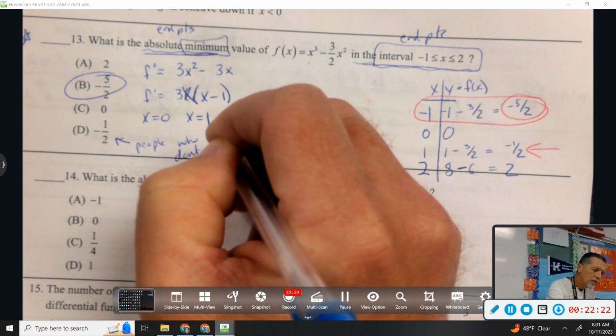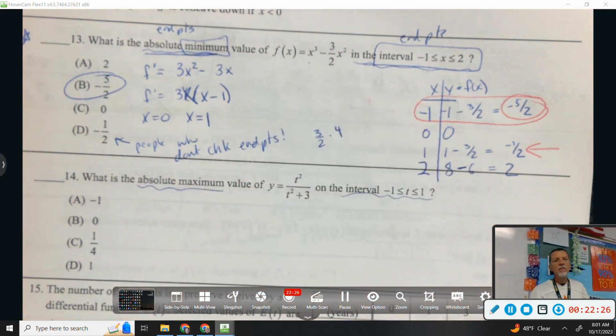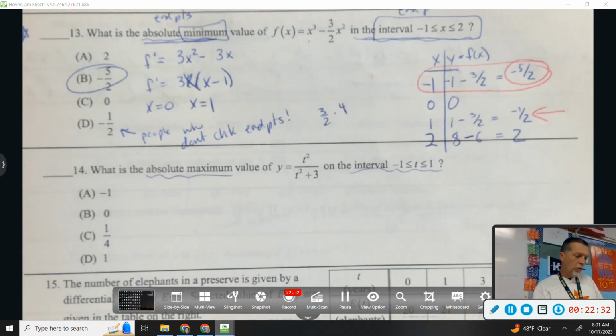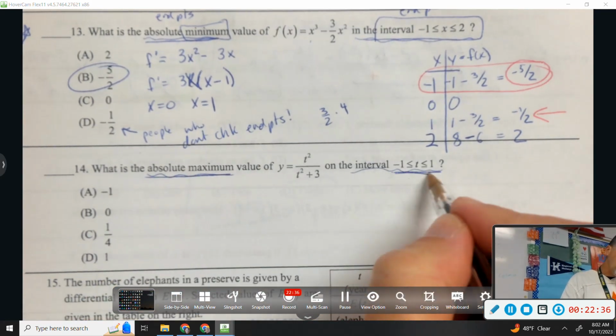People don't check endpoints. Check the endpoints. We're not doing 14, but it's kind of the same thing. Make sure you check the endpoints.